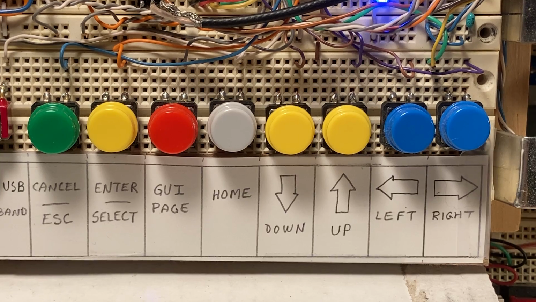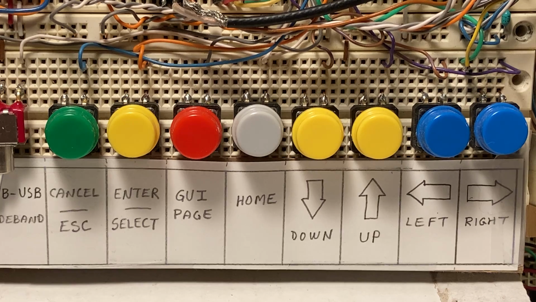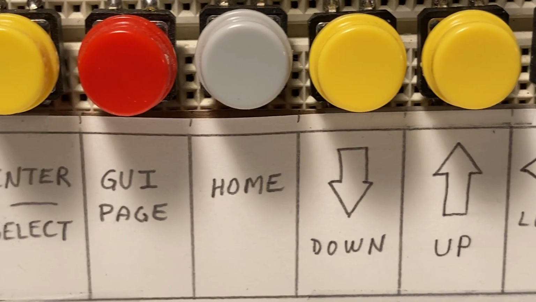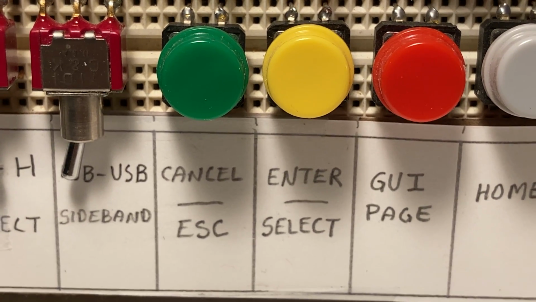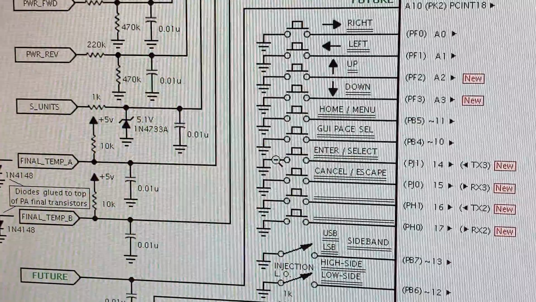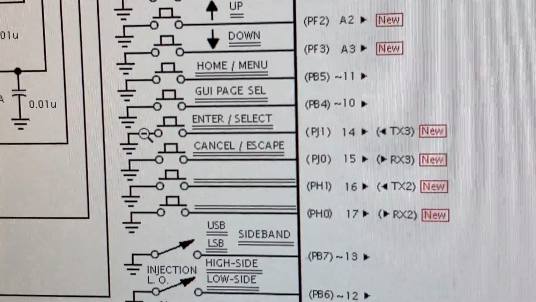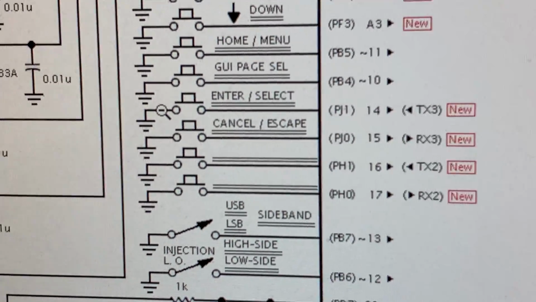Here I have 8 momentary push buttons, and I've added the up and down, and also an escape, cancel, and an Enter Select button. This is reflected in the schematic on the website, where I sacrificed the channel 3 and channel 2 serial ports for 4 additional buttons.